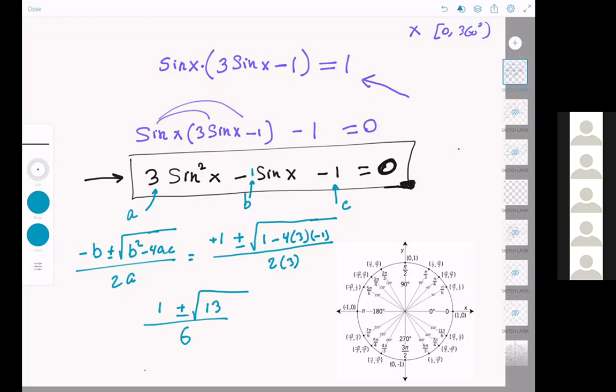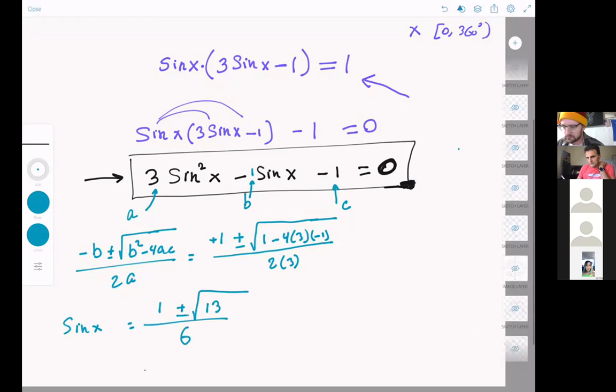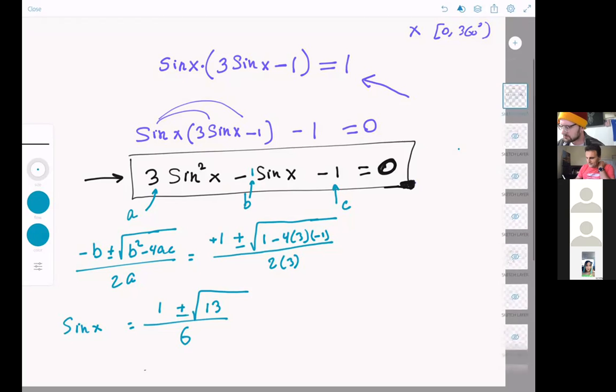So this will be sine of x. What is x? Do we have this on the unit circle? No, correct. The unit circle is out.